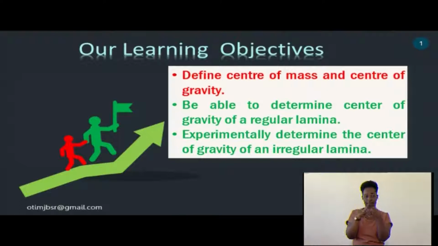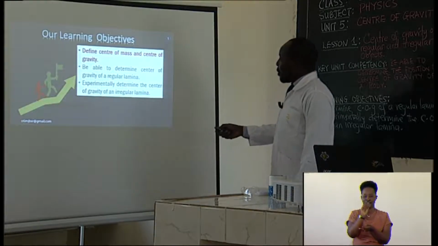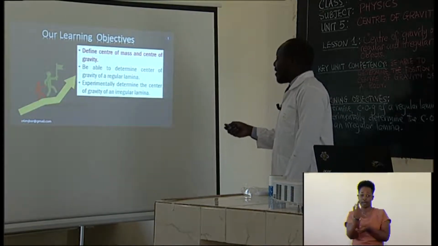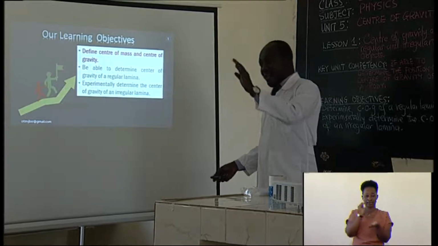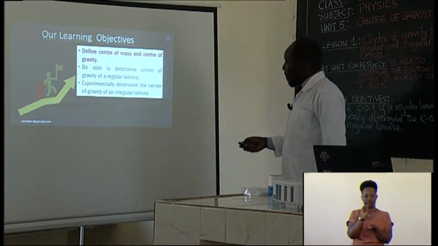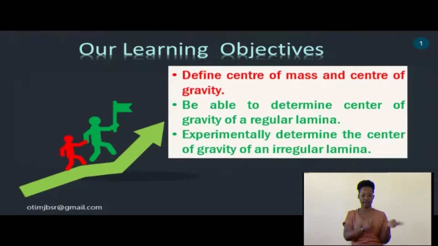One, you should be able to define center of mass and center of gravity. We should be able to do that. Two, we should be able to determine the center of gravity of a regular lamina. Then three, we should be experimentally able to determine the center of gravity of an irregular lamina. We want to succeed in doing all those three. And I hope you are going to enjoy the lesson.